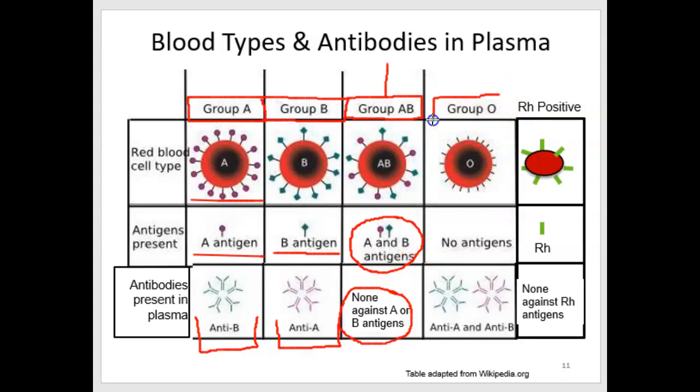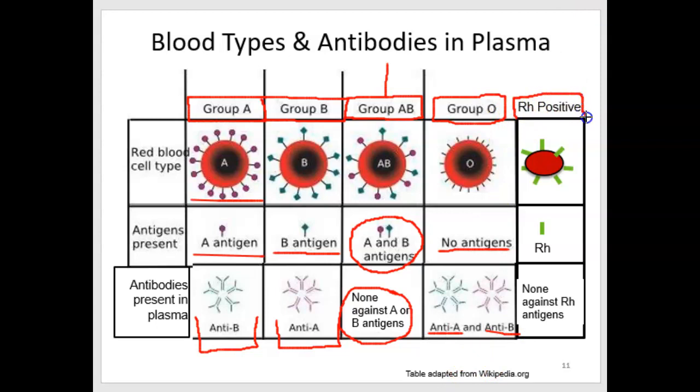Somebody who is group O, type O blood, doesn't have A's or B's on the surface of their red blood cells. So A and B are both foreign, so they make antibodies against both A and B. Now let's consider this Rh business a little bit.